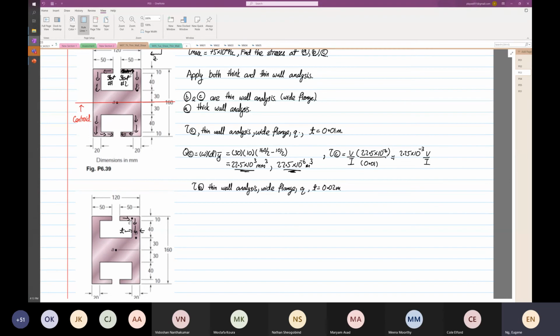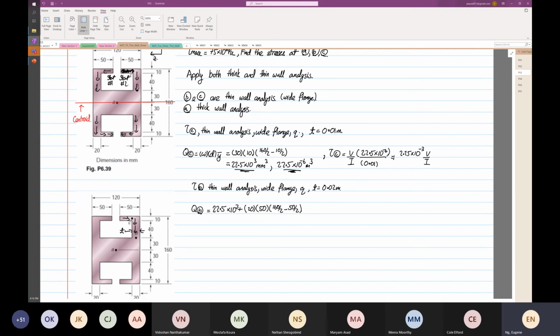So from here, you find again your first moment of area at point B. This will be equal to the first moment of area of point C, so 22.5 times 10 to the power 3, plus the width is equal to 20, the depth is equal to 50, and the y bar is 160 divided by 2 minus 50 divided by 2.